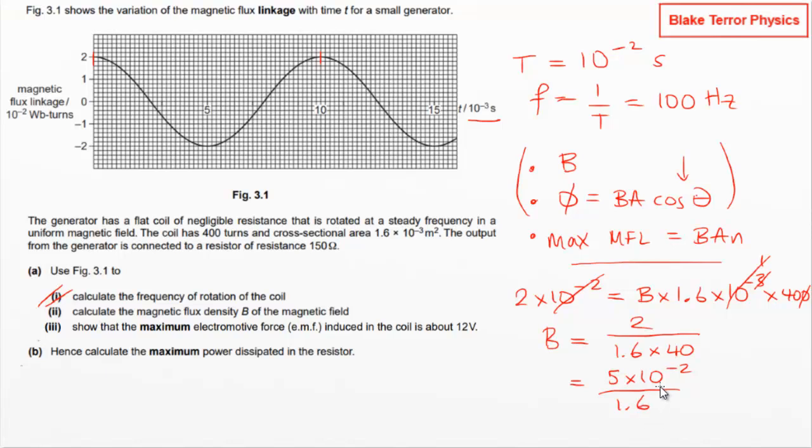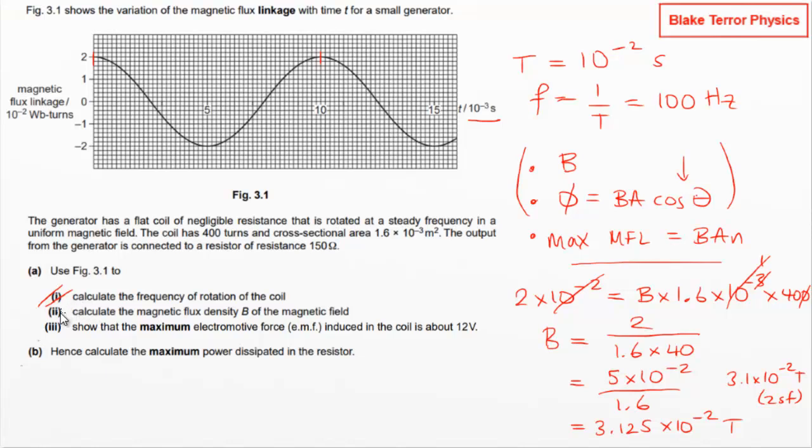How many 1.6s into 5? 3 of them give us 4.8, and then we need 0.2, which is an eighth of 1.6. So we're going to have 3.125 times 10 to the minus 2 Tesla. So we want to say 3.1 times 10 to the minus 2 Tesla to two significant figures.